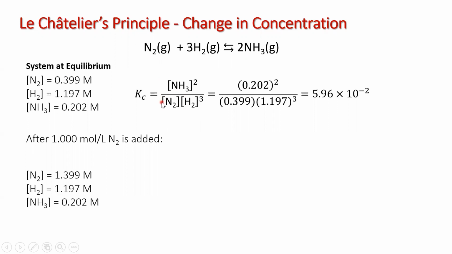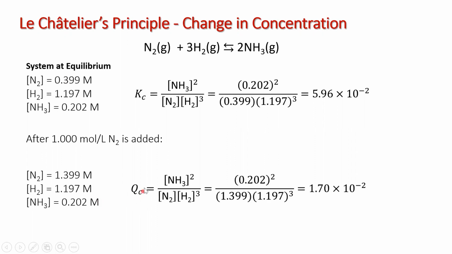Well, let's look at what's going to happen. The amount of nitrogen is going to go from 0.399 moles per liter to 1.399 moles per liter. Now, the amount of hydrogen isn't changing. We didn't change the amount of hydrogen or the amount of ammonia.